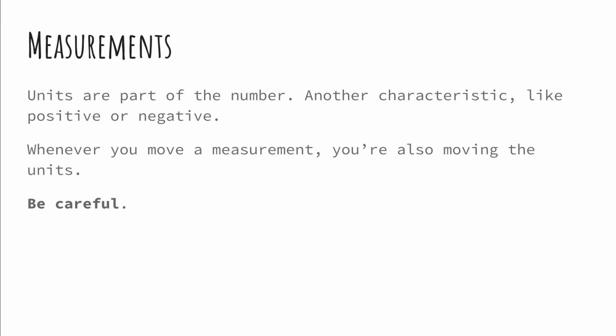And units are always part of that. You can't take the red off the apple. So you have to remember the units, and you have to move them around with the rest of the number whenever you're doing arithmetic or algebra, like being positive or negative is part of the number. So whenever you move a measurement, you're also moving the units. You multiply, you divide, add, subtract. Move the units at the same time.